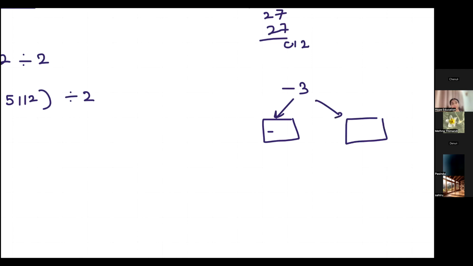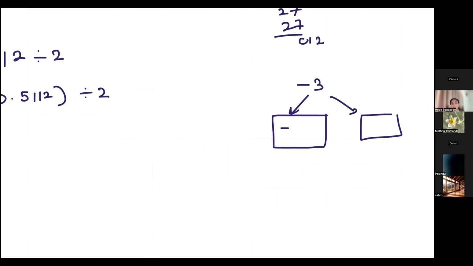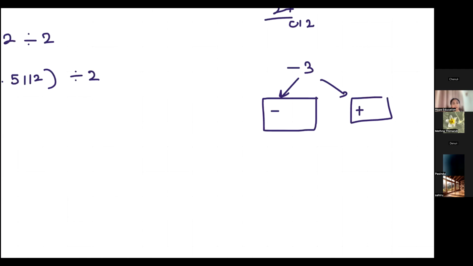What should I put here? What should be the negative characteristic to put which is divisible by 2, and what is the positive characteristic? Quickly. Okay, is it plus 1?